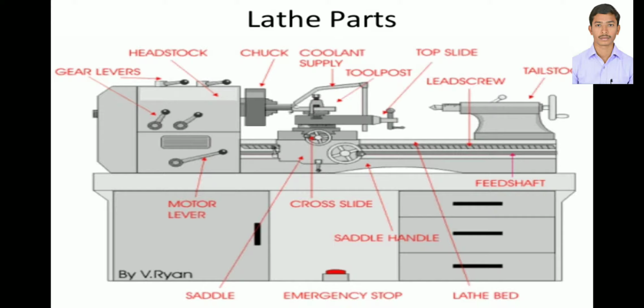So motor lever, gear levers. So these are all the different parts in the lathe machine, the assembly components of the lathe machine.